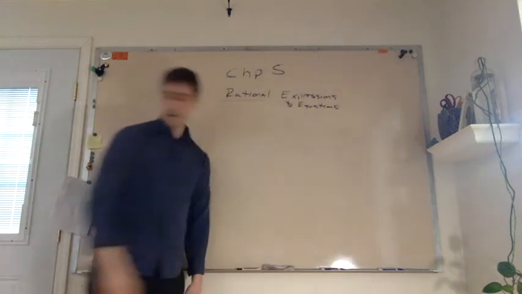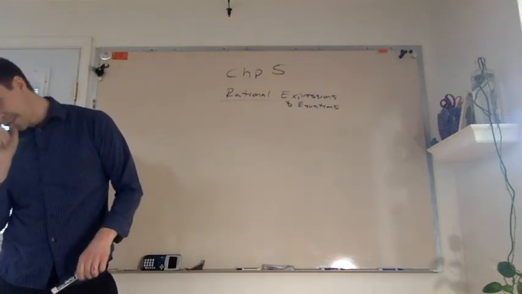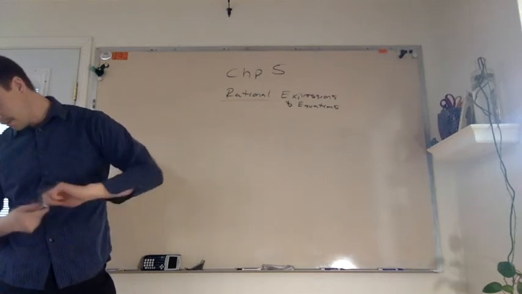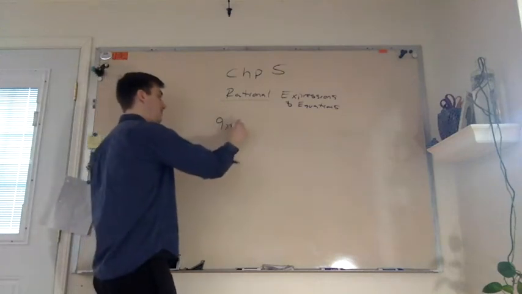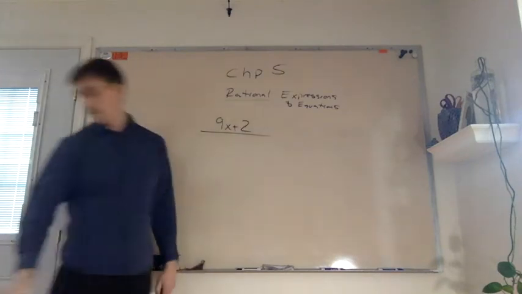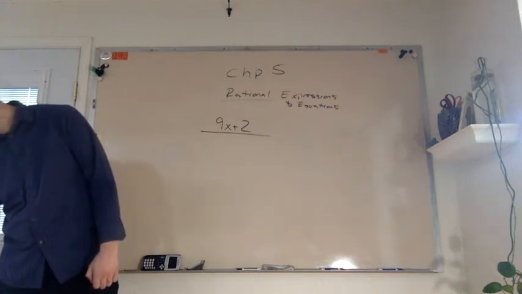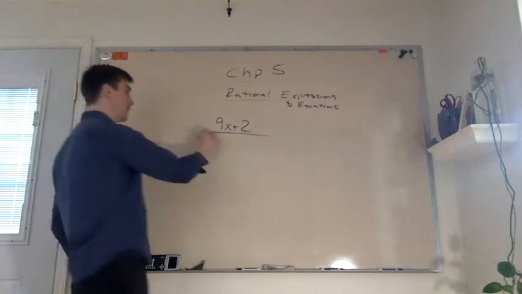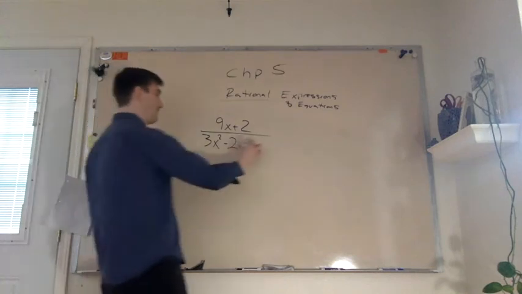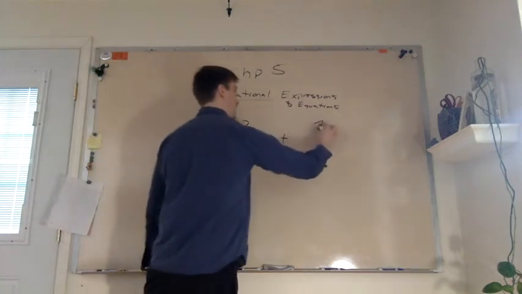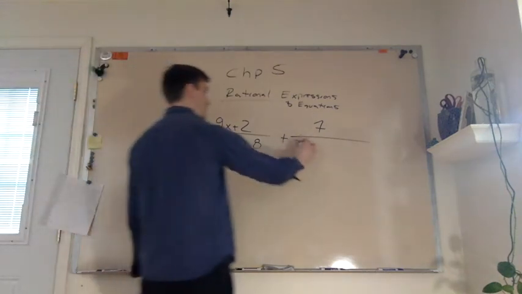All right, so let's do one with some bigger factoring problems. How about 9x plus 2 divided by 3x squared minus 2x minus 8, plus 7 over 3x squared plus x minus 4.